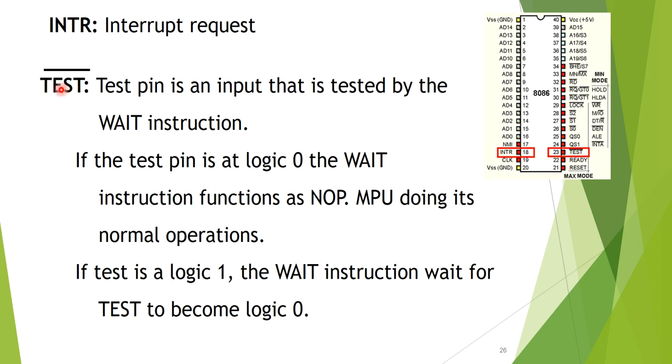So this test pin input signal is checked during the WAIT instruction. If it is at the 0 level, then the microprocessor will not go into the wait state, it will perform its normal operation. If it is at logic 1, then the microprocessor will go into the wait state until the test becomes 0.